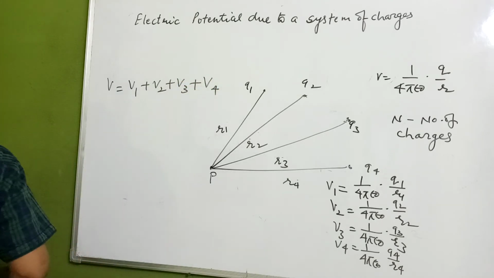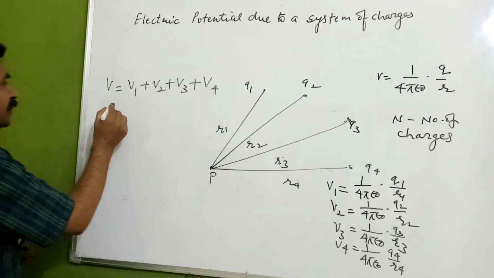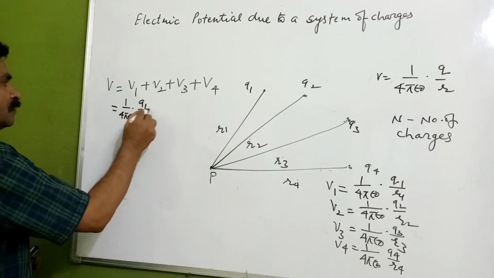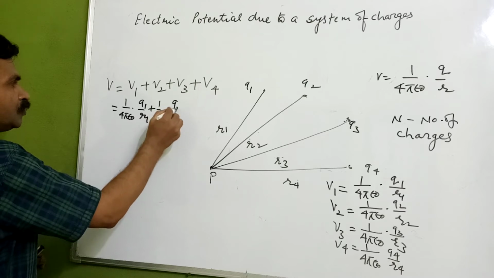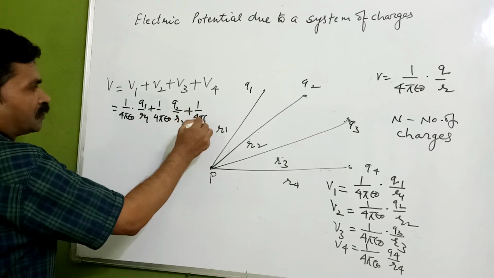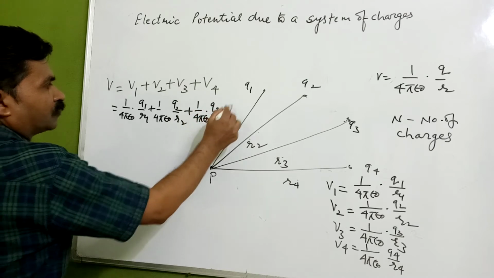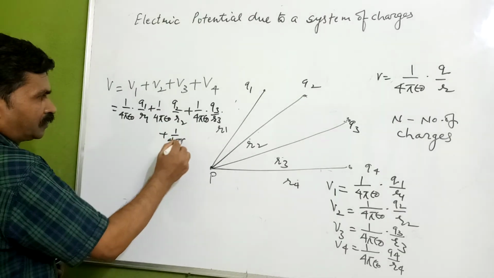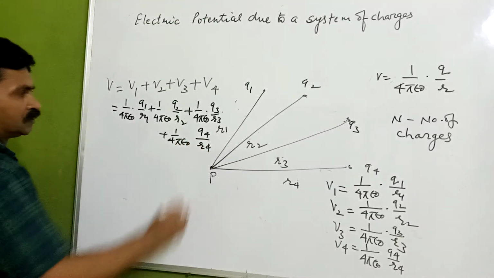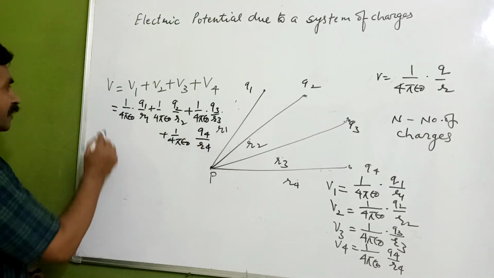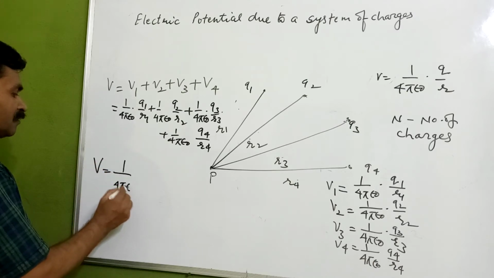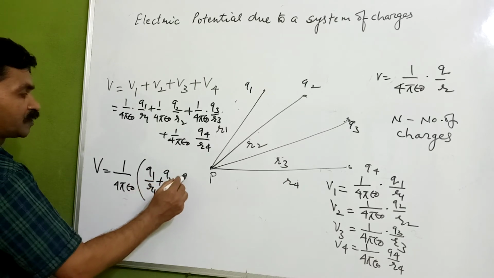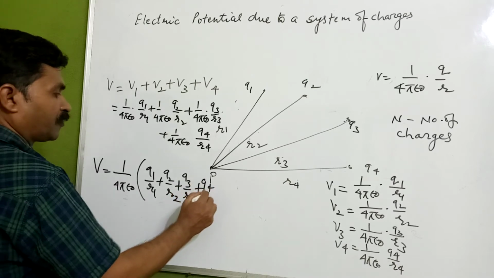Now if we go through this, what are we getting here? 1 upon 4 pi epsilon naught Q1 upon R1, plus 1 upon 4 pi epsilon naught Q2 upon R2, plus 1 upon 4 pi epsilon naught Q3 upon R3, plus 1 upon 4 pi epsilon naught Q4 upon R4. Here 1 upon 4 pi epsilon naught is common, and we get Q1 upon R1 plus Q2 upon R2 plus Q3 upon R3 plus Q4 upon R4.